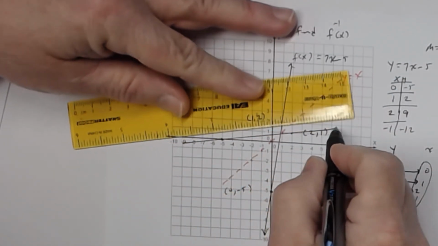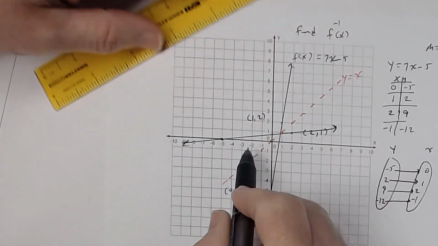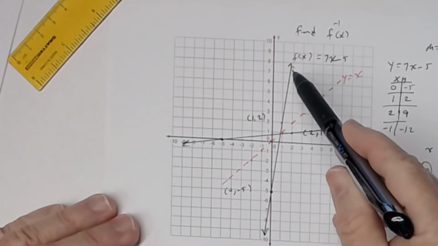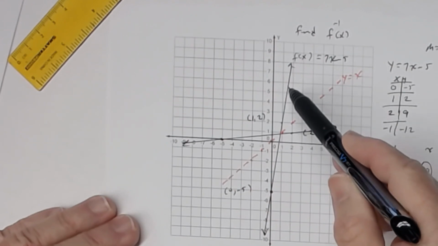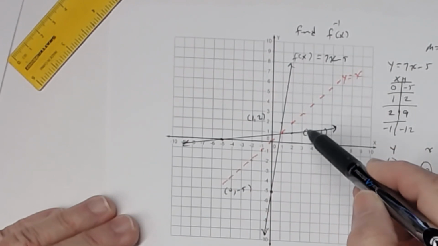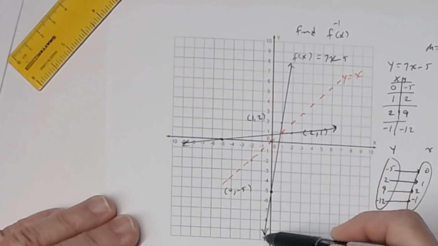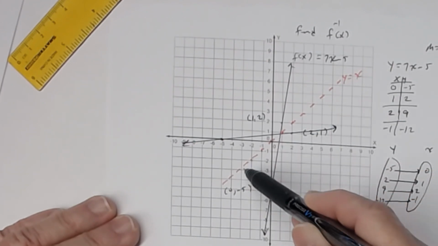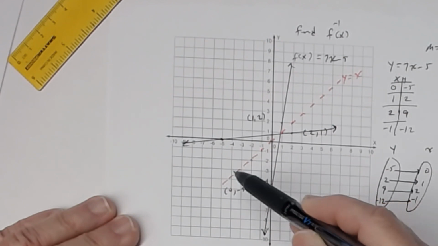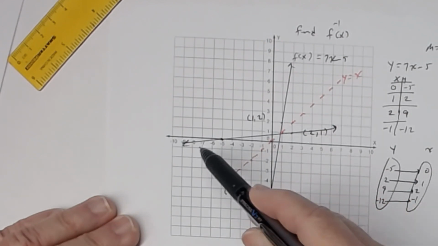And this line I've just drawn, you see how this part, when I reflected about the line y equals x, I get this line here. And when I take this piece and reflect it about the line y equals x, I get that piece here.